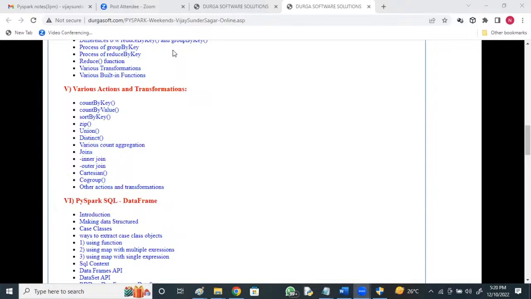Spark is such a technology, lightning fast, where at the rate the events are generated, at the same rate they will be processed. On one side the events are generated, and on the other side Spark will be processing the events at the same speed. So it can match the speed.